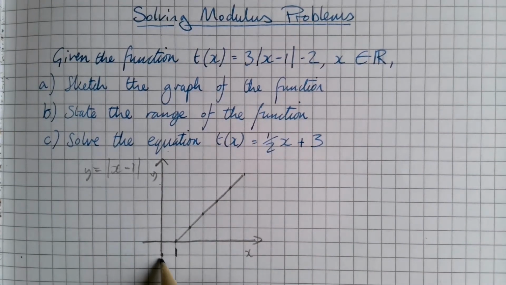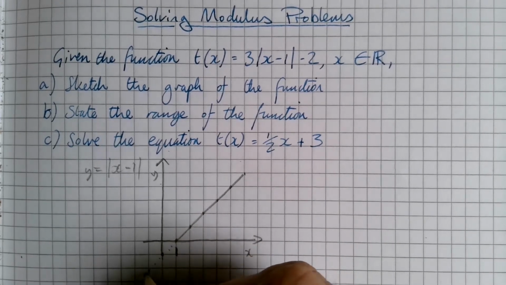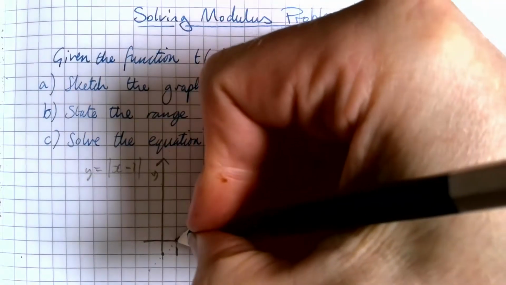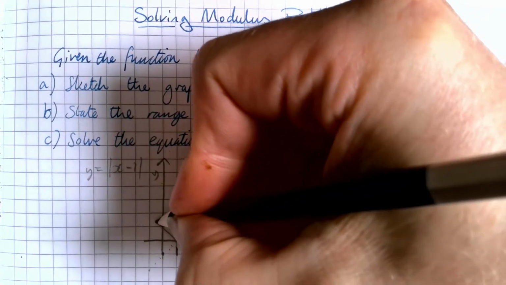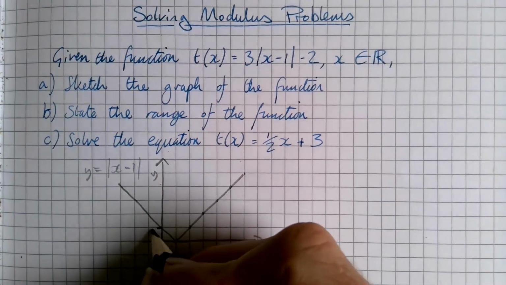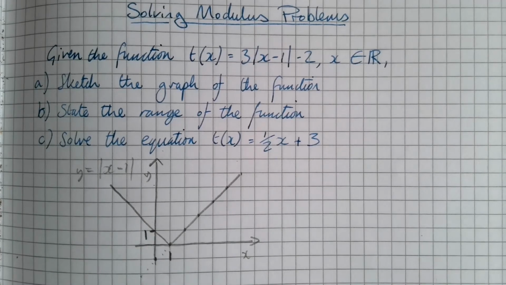But the reason I haven't continued it down below is because that's x minus 1, whereas we want the modulus of that. So that would be bouncing back up through here. So it's going to hit both axes at 1, isn't it? 0, 1 and 1, 0.